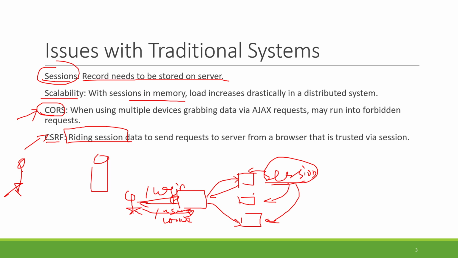We need a form. So I say I want to transfer money, and the server side will give you a form to fill in, from which account to which account, and here is the amount, and you have a button.